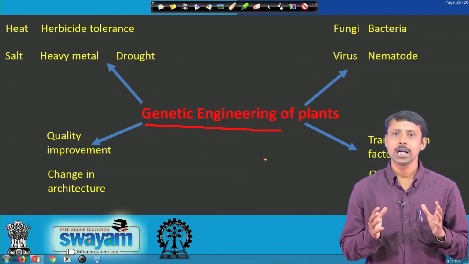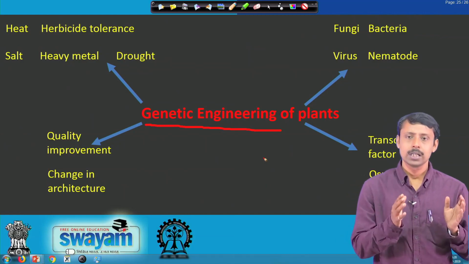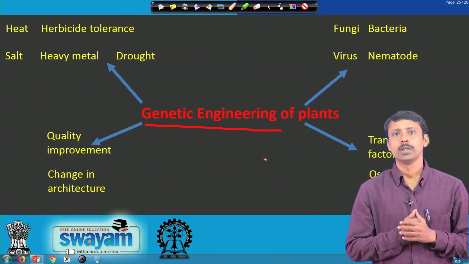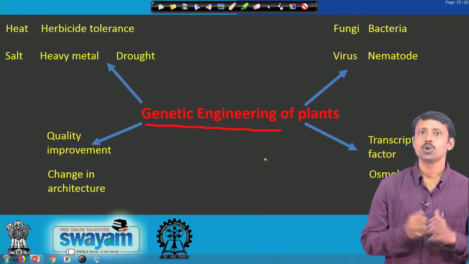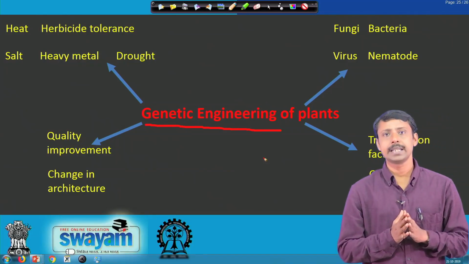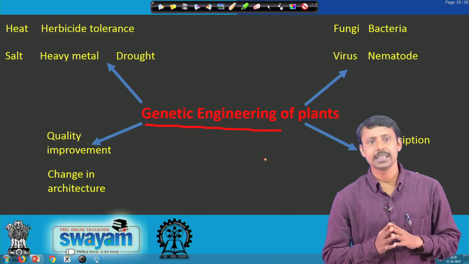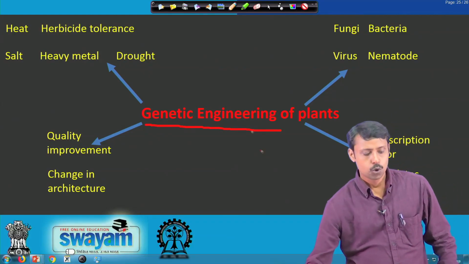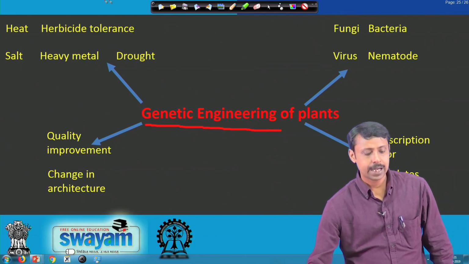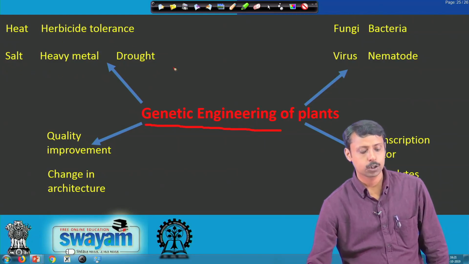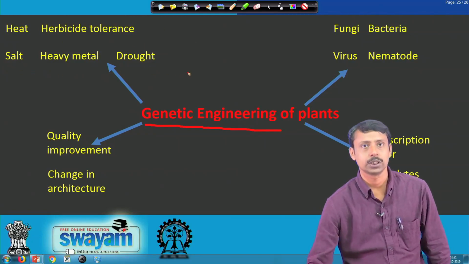It is a bacterium which can transfer part of its genome into the host genome, into the plant genome. So, by Agrobacterium mediation, several genes have been transferred into the plant system by different scientists, and finally we got several abiotic stress tolerances like heat tolerance, herbicide tolerance, salt tolerance, heavy metal tolerance and drought tolerance in plants.